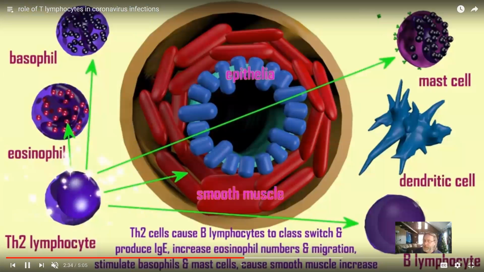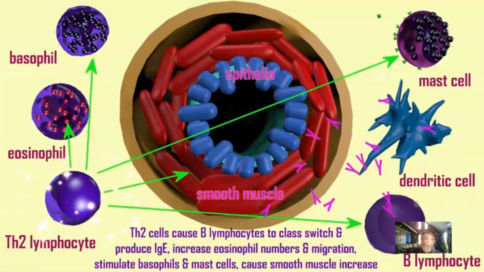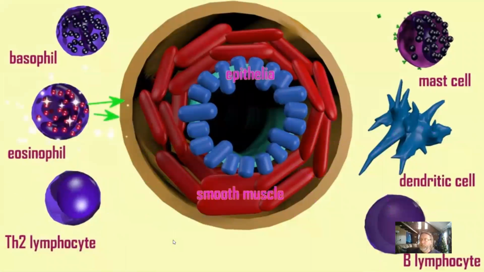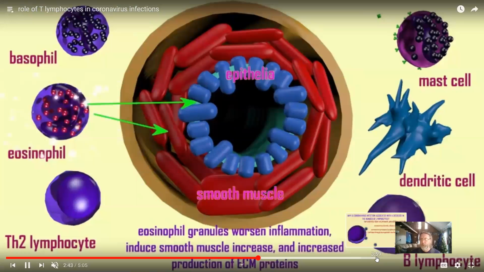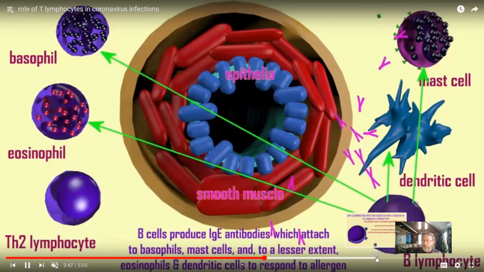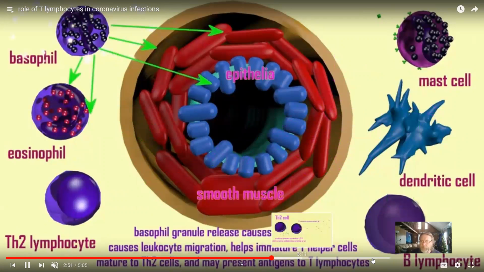And so other T lymphocytes and T lymphocytes in general are very important in, once again, balancing the signals which are coming from all over the place, because as you can see, there's all these different kinds of cells that are interacting with each other. So a balance in their interactions is important.